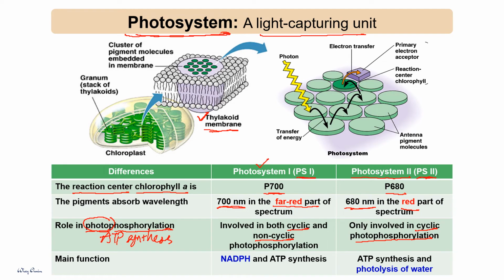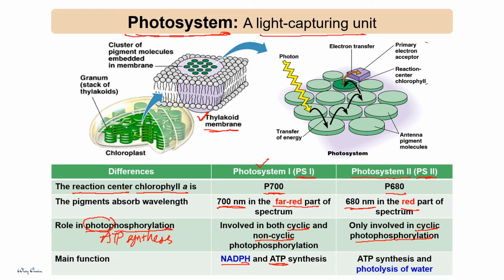The main function of photosystem 1, at the end of the photophosphorylation process, is to produce ATP and also the electron carrier, which is a high energy molecule also called NADPH.